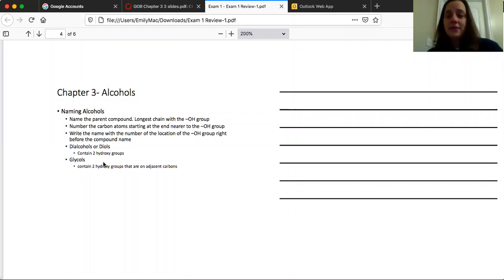Does that make sense? Do we have to name it as a glycol, or can we just put diol as well? You can just put diol. I may ask you in one of the multiple choice questions specifically what a glycol is, but for naming it, you can just put diol. I know you can put glycol in there too instead.